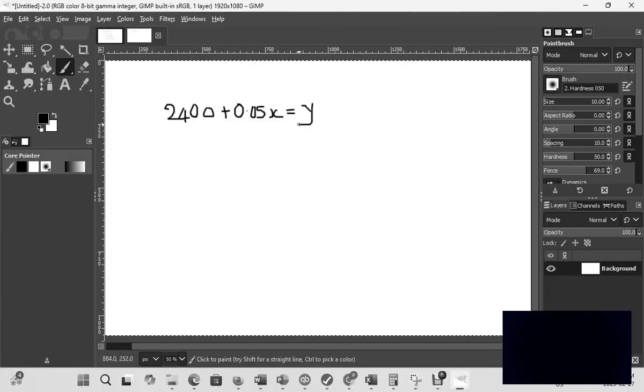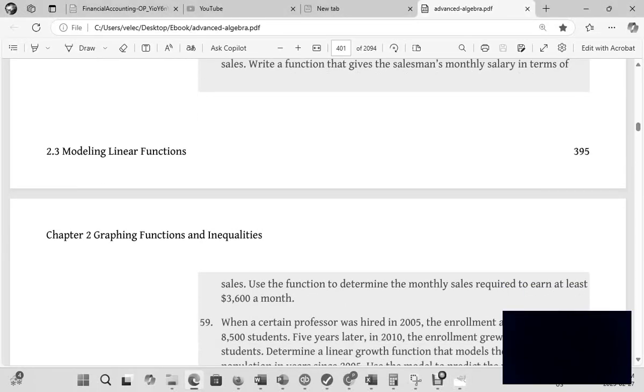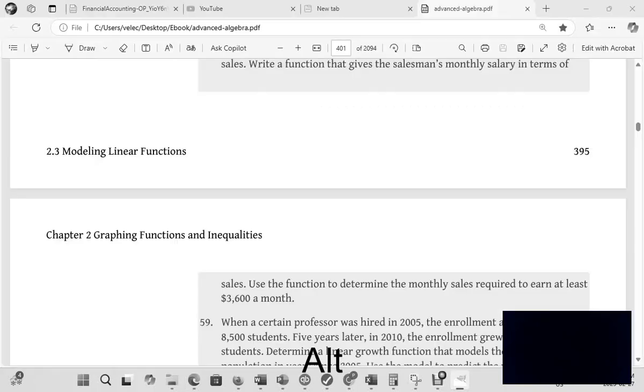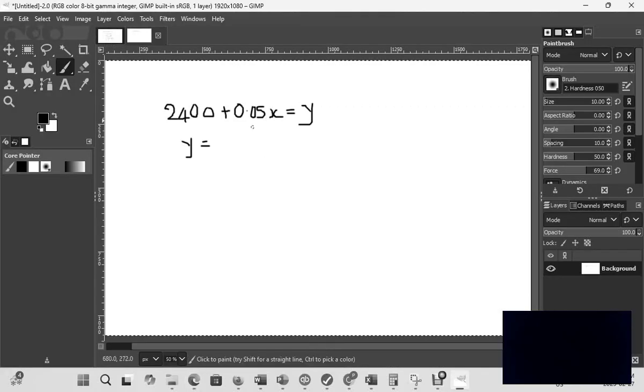This is your equation. Now, the question is to use the function to figure out the monthly sales required to earn at least $3,600 a month. So we need to figure out X.